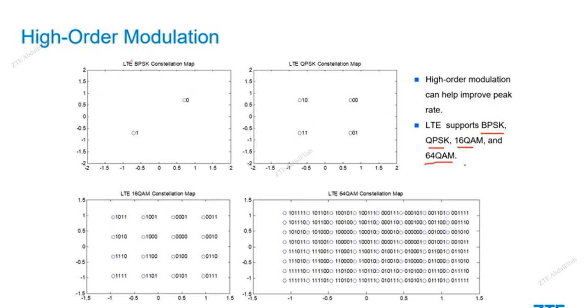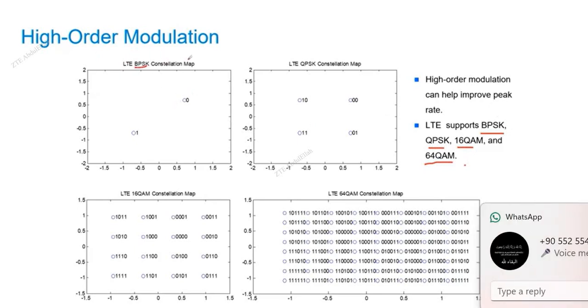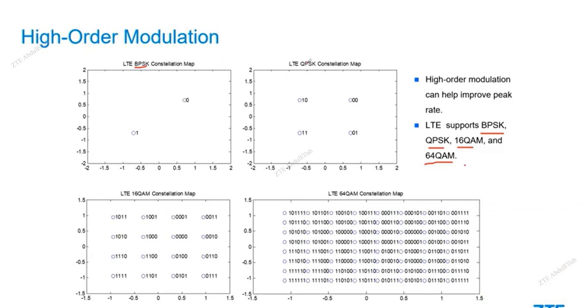For example, BPSK means one bit per symbol. QPSK is 2 bits per symbol. 16-QAM is 4 bits per symbol. 64-QAM is 6 bits per symbol. So the same symbol can carry different numbers of bits.